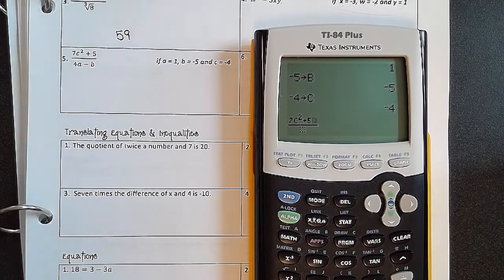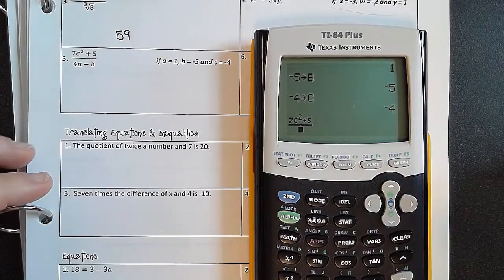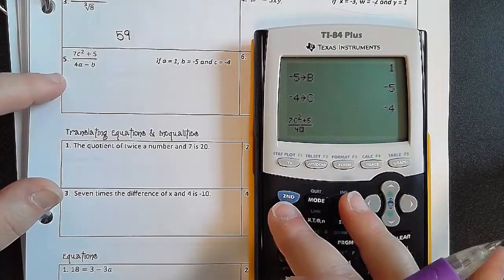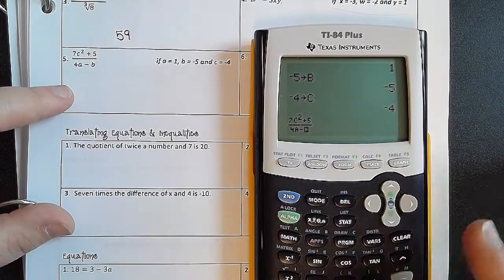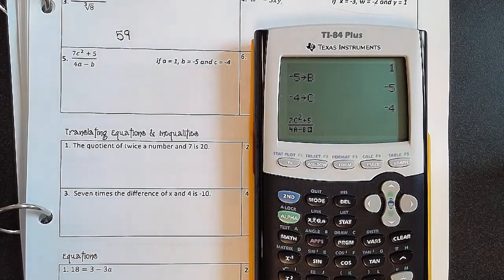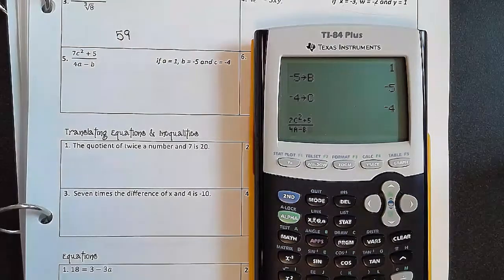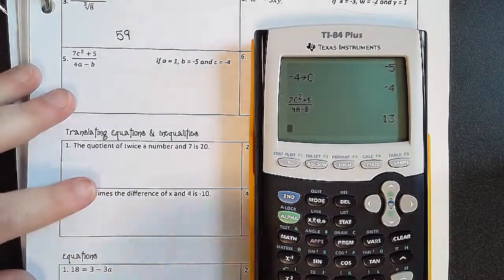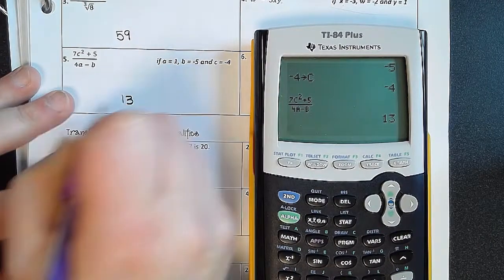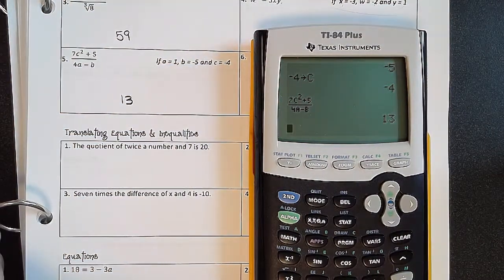That's on top. On the bottom, I do 4 alpha a minus alpha b. It seems really complicated, but as you get used to it, you guys are going to be so much happier that you did this. Okay, and so I get the option of 13. Okay, go ahead and do the next one and tell me how you do.